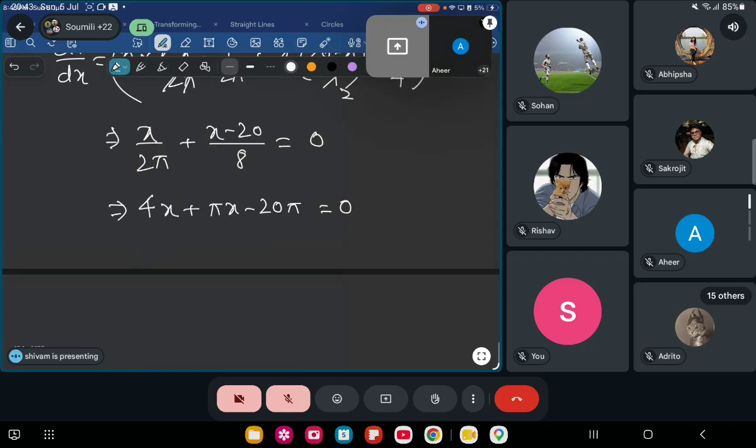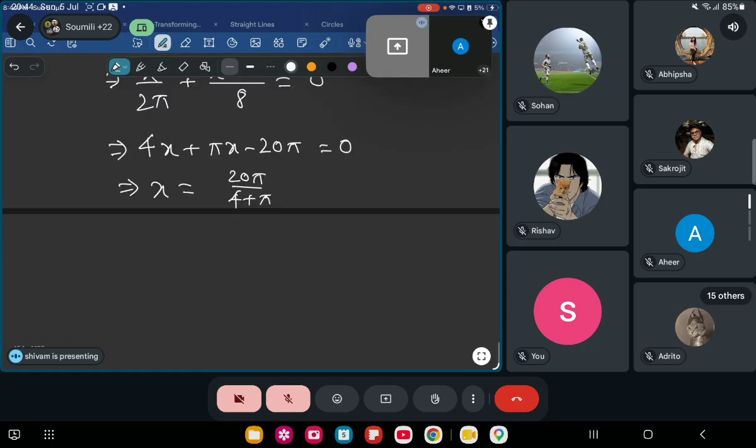Right, tell me. Yes, I multiplied by 8 pi. So from here, x is equal to 20 pi by (4 plus pi). At x equal to this point, we'll get the minimum value, right? And what is 20 minus x, everyone? Pay attention. 20 minus x will be equal to 20 minus 20 pi by (4 plus pi).